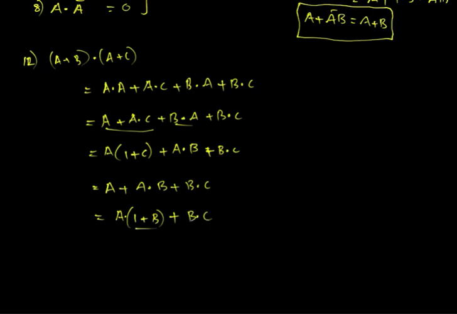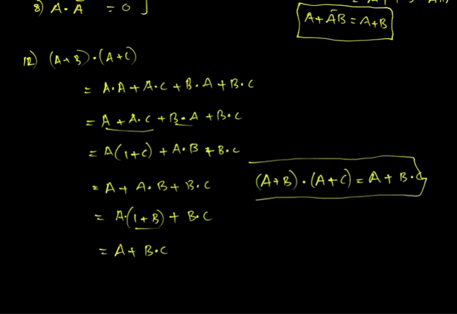Now 1 or b is 1 itself, so it is a plus b and c. So the next rule I have to say is that the product of two sums, that is a or b and a or c, is the same as a or b and c. This is another rule. These rules are helpful in solving complicated Boolean expressions, or to obtain the simplified form of the Boolean expressions.